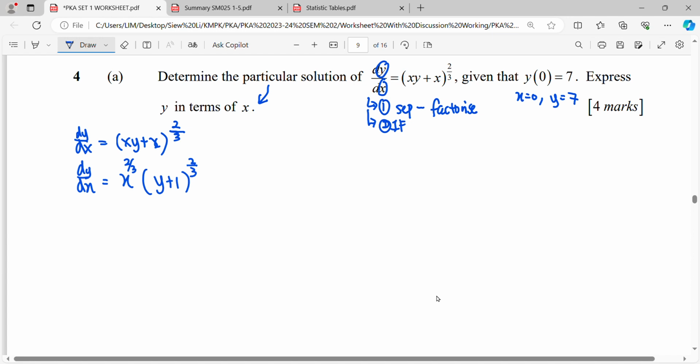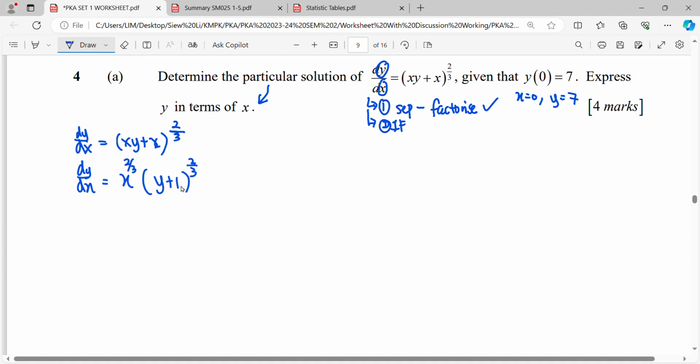When we factorize from the bracket, it will have the power together. Not just taking out the x only, because inside the bracket here you got your power. So we can see this is your factor of x, this is your factor of y. So your x and y don't mix together. It can be separated. So this question can be solved by the separable method.